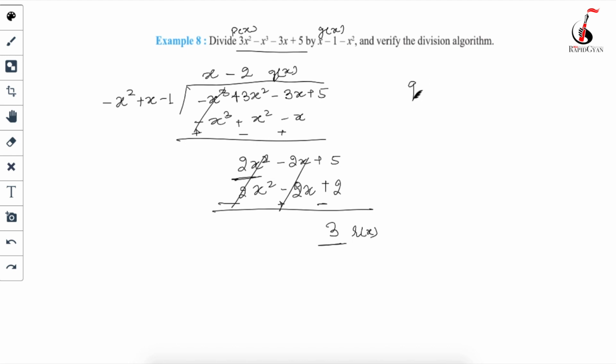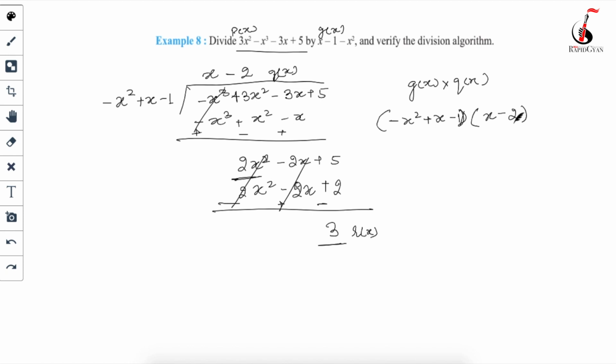First you will have to multiply g(x) with q(x). So here g(x) is minus x square plus x minus 1. Multiply this. First multiply it with your q(x), which is x minus 2.